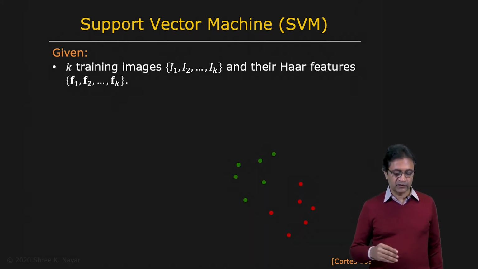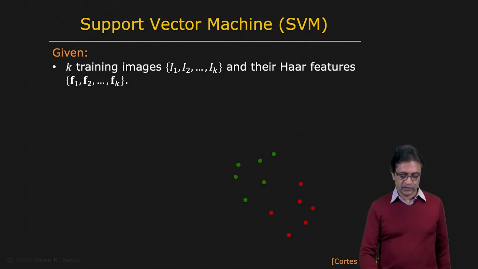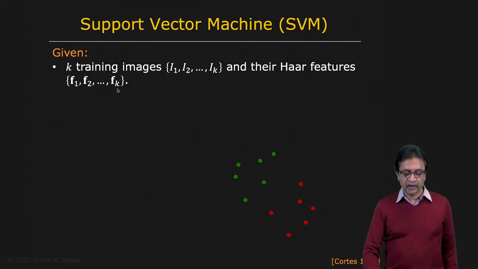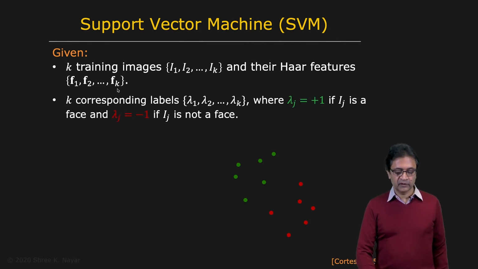So what's given to us is k training images, I1 through Ik, right here, and their corresponding features, F1 through Fk. And along with that, we are also given these labels, lambda 1 through lambda k, where lambda is equal to 1 if the image is a face and lambda equal to -1 if the image is not a face.